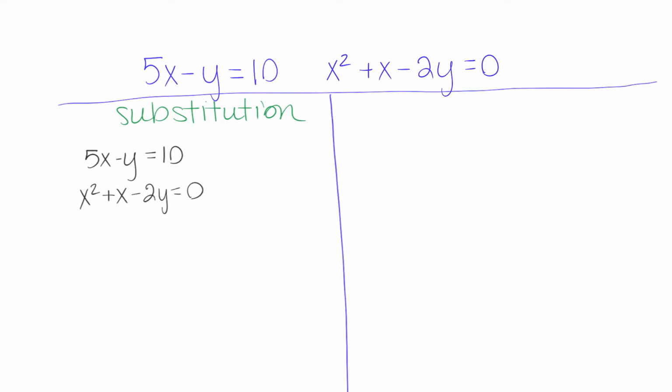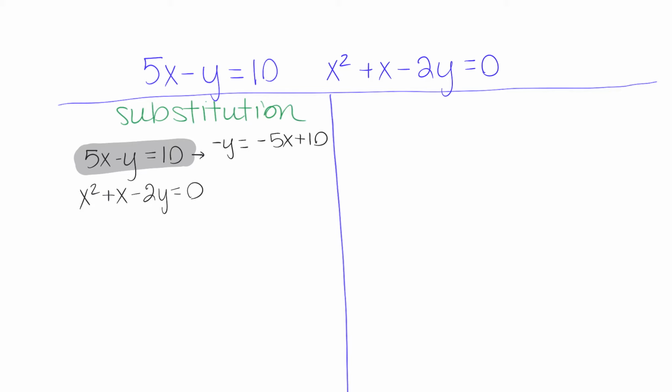In substitution, we need to get something alone. I'm going to choose to rearrange this first equation because the y is already by itself. I'm going to solve for y. That gives me negative y equals negative 5x plus 10.